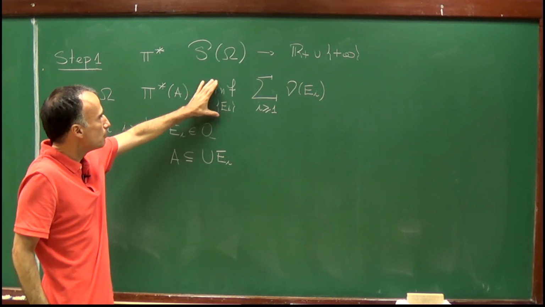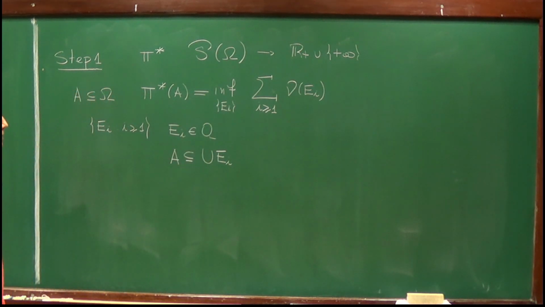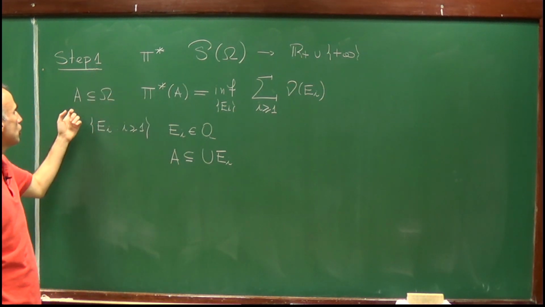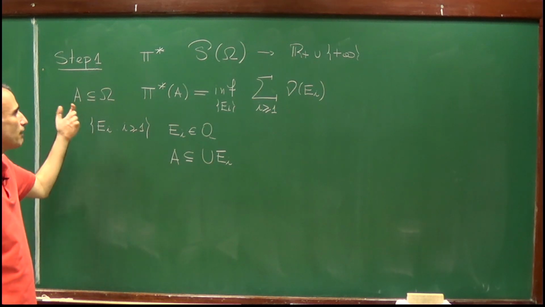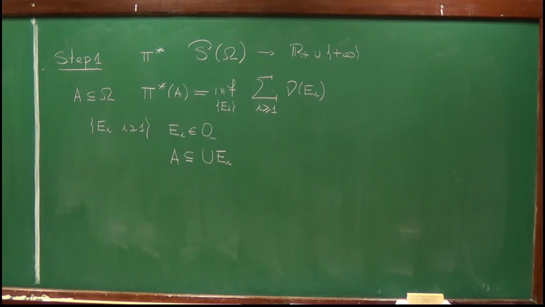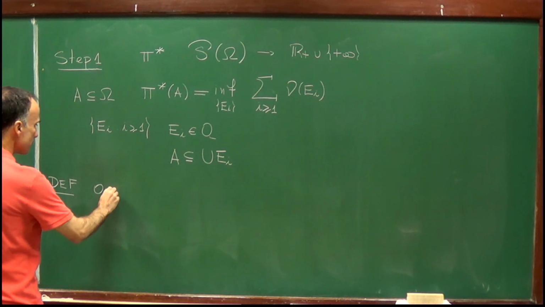Let's take the infimum over all this class, and let's define P star of A to be the infimum. So this is the definition of P star, and observe that it's defined for any subset of omega. So now let me define an outer measure.